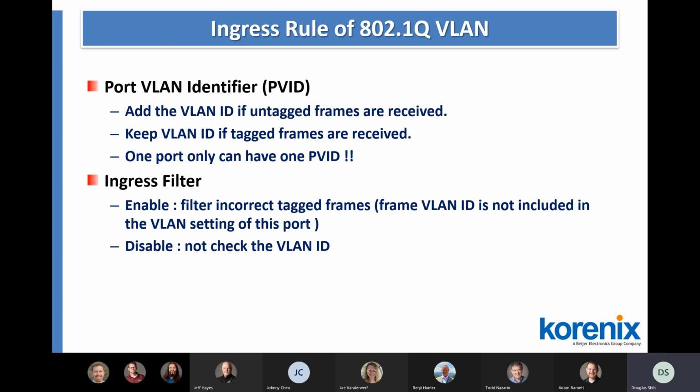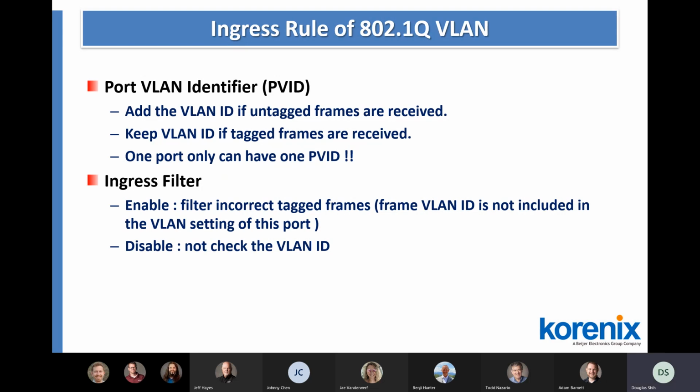And the second part is the ingress filter. The ingress filter is another function we can choose to enable or disable on the switch. If we enable it, the switch will check whether the packet received by the port belongs to a VLAN the port is a member of.